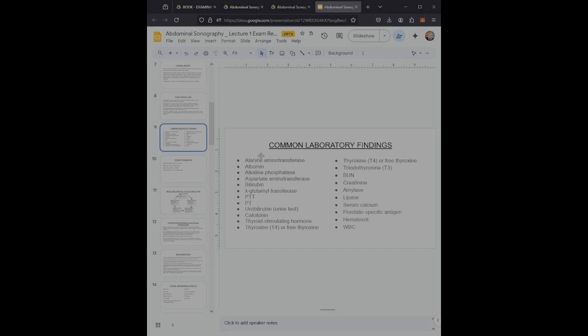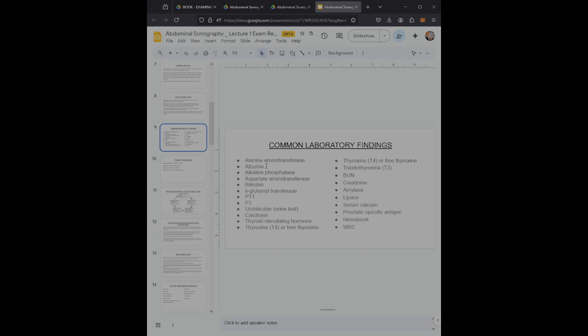These would indicate some hepatic disease, pancreatic disease, or biliary tree disease. So whenever we test for aspartate aminotransferase or alanine aminotransferase, we are investigating hepatic disease, pancreatic disease, and biliary tree disease.